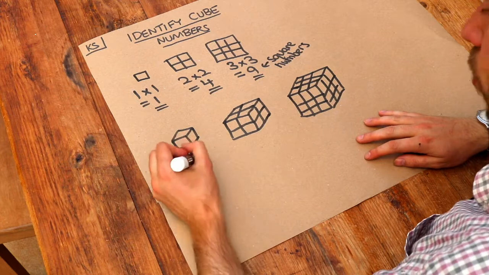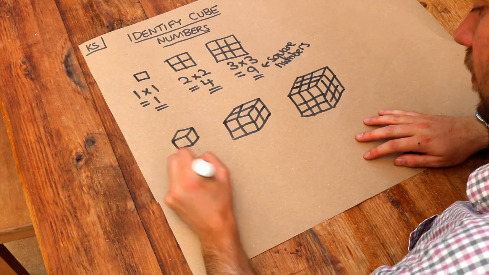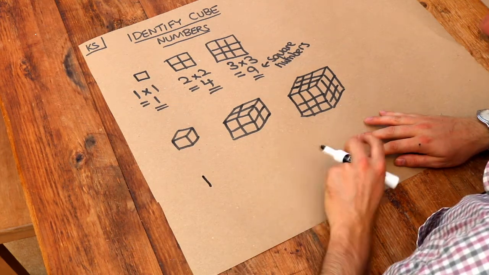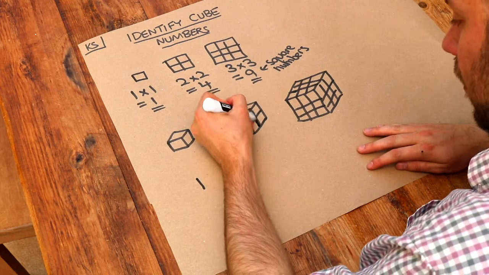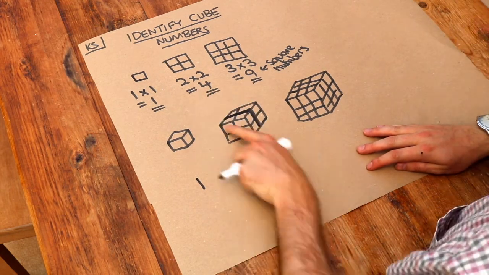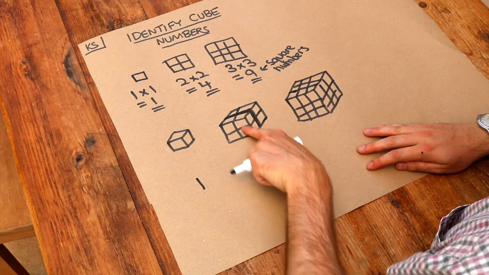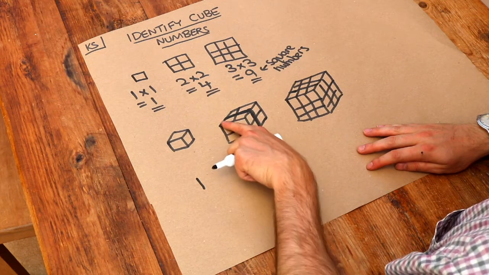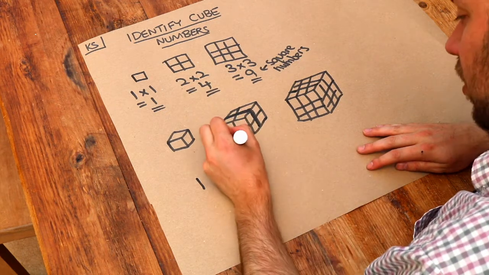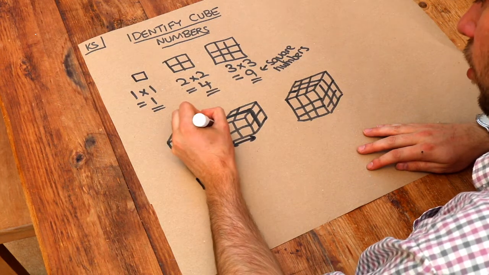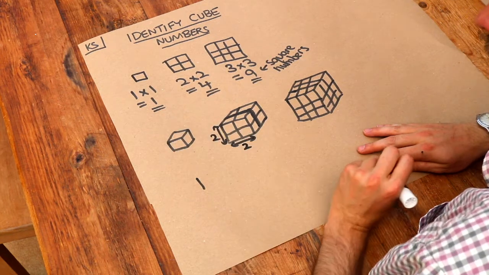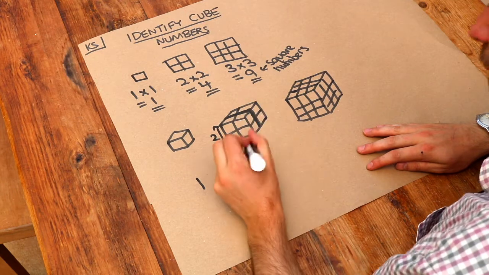Well, that's clearly just one cube, so that's just one. What about in this one? Well, if we look at each layer of cubes, there's 4 cubes there, isn't there? 4 cubes at the front. And we know it's 4 because, look, we've got 2 rows of 2. So the number of cubes on the front would be 2 lots of 2.